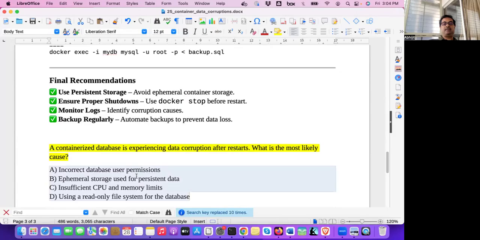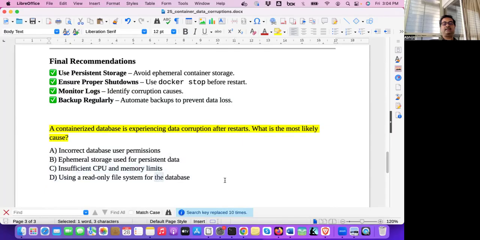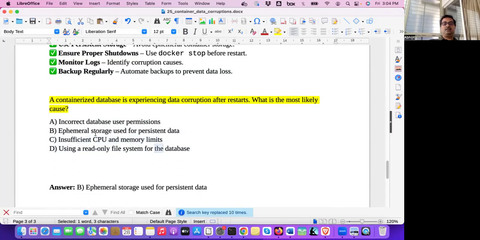Incorrect database user permission, ephemeral storage used for persistent data, insufficient CPU or memory limits, or using a read-only file system for the database. So most probably, first we will check this. It may not be the issue, but first we'll check for this. We can also check for logs, but first we'll check whether it's writing into the ephemeral storage.